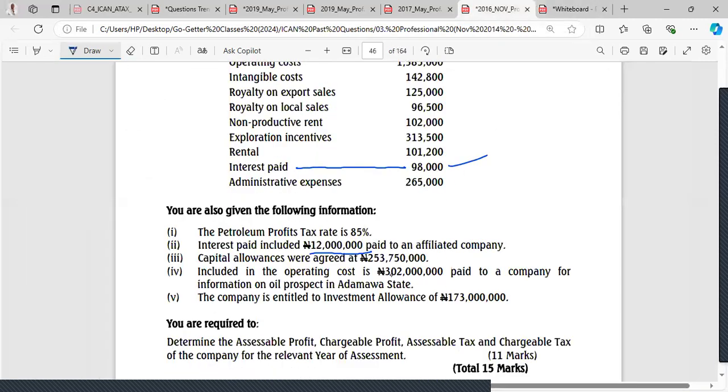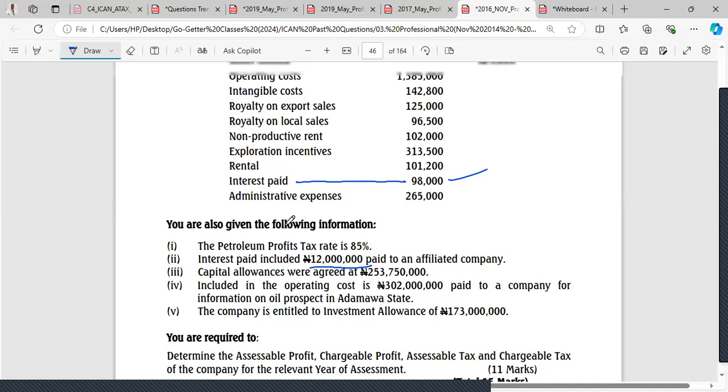Capital allowance later. Included in operating costs is 302,000 paid to a company for information on oil prospects in Adamawa State. Of course, this is not allowed.